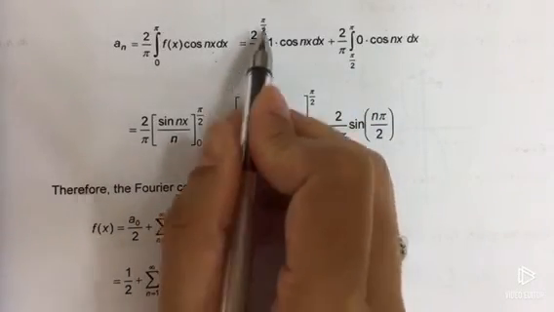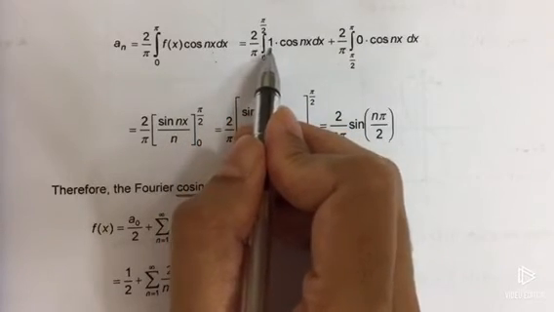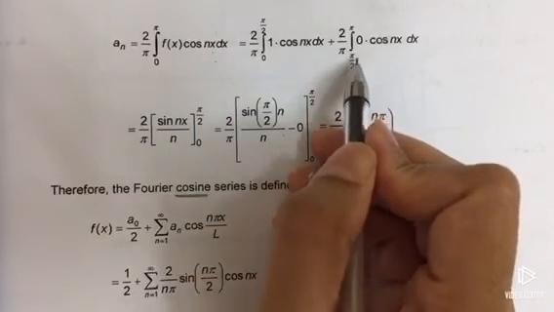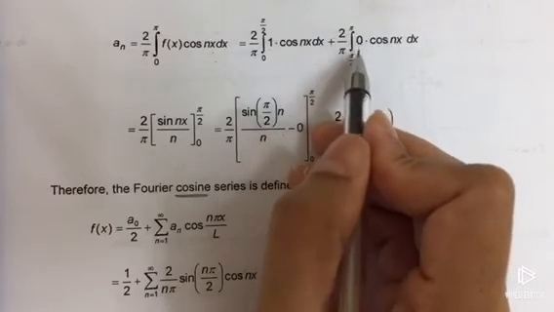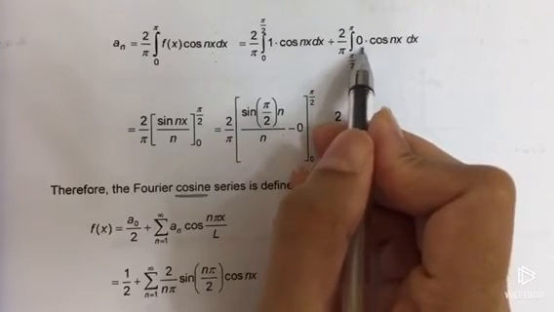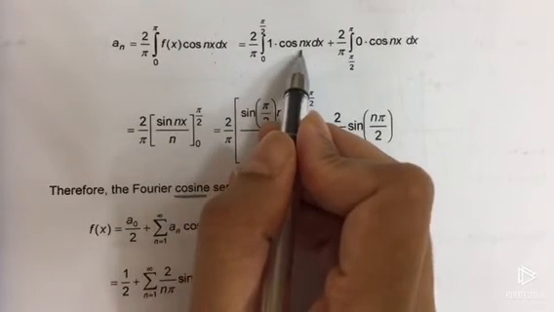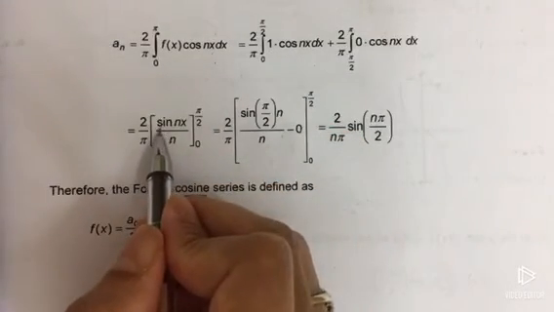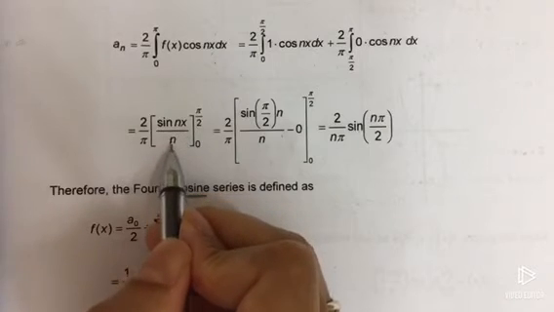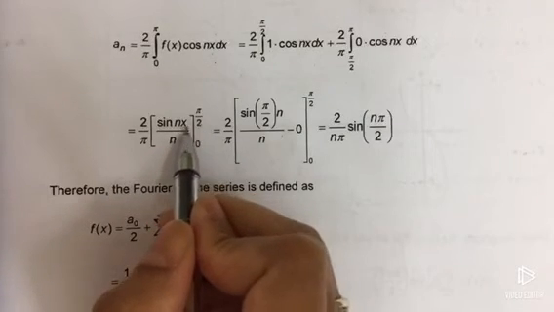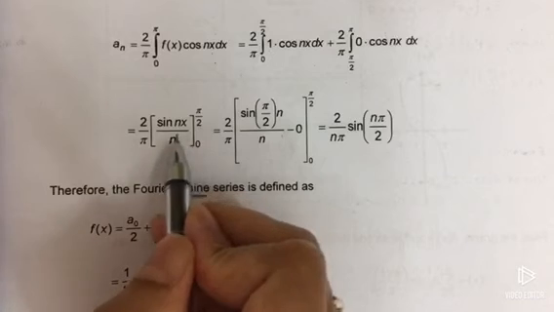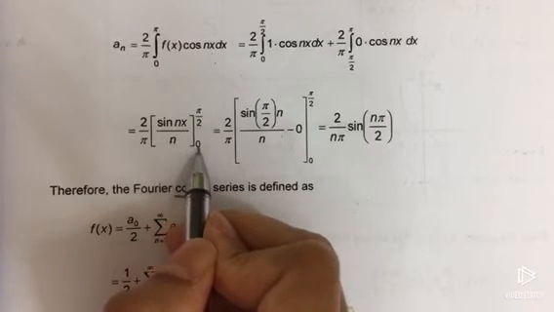On interval 0 to pi over 2, f(x) equals 1. On interval pi over 2 to pi, f(x) equals 0, so this one cancels. Integrating cos nx gives sin nx over n.